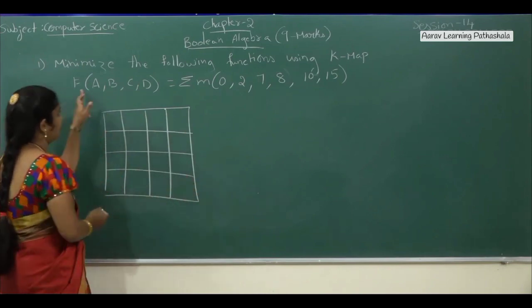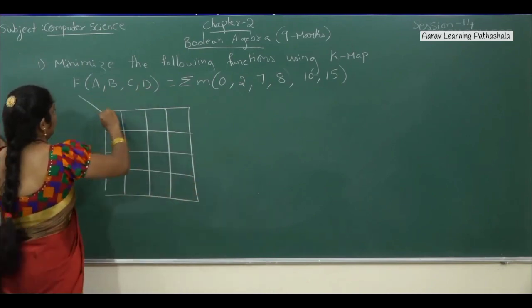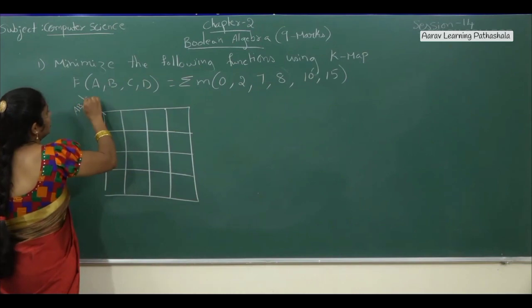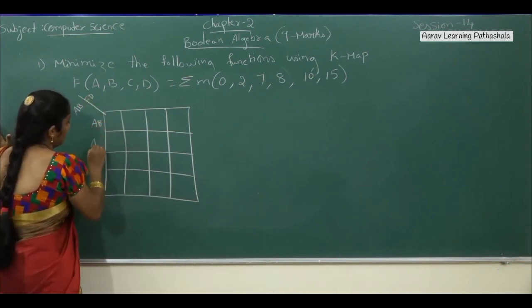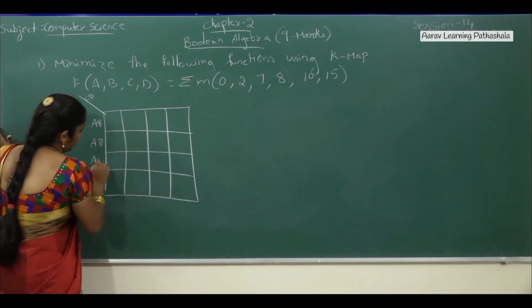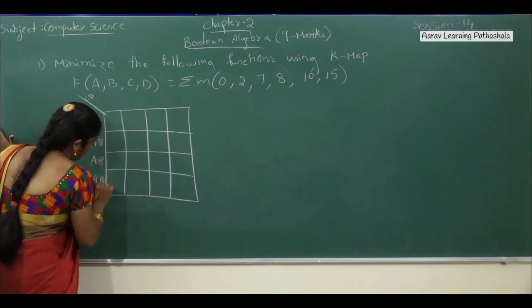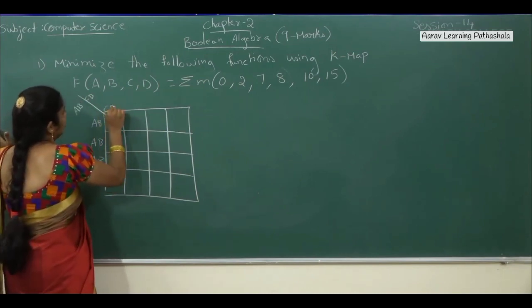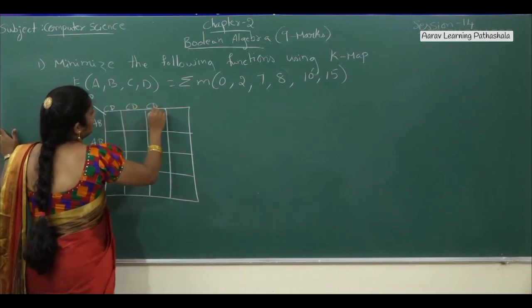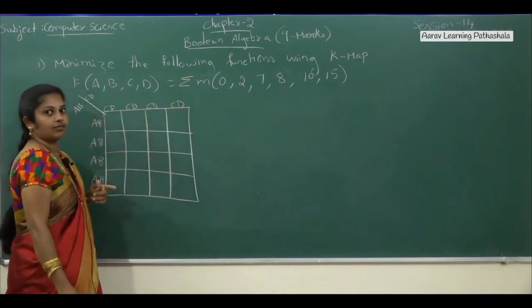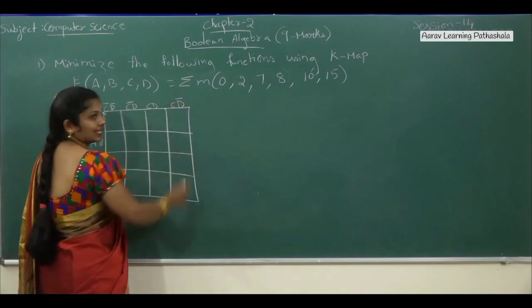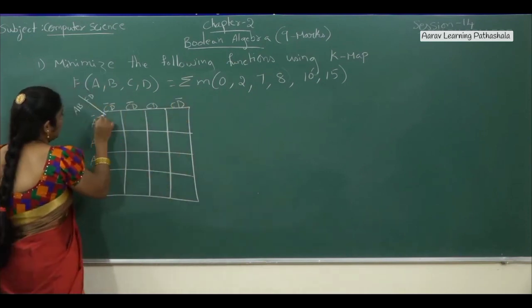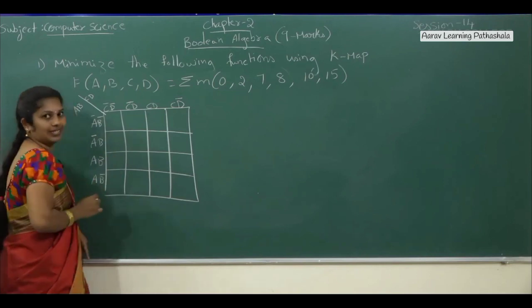Here the variables given are A, B, C, D. Write down A, B here and C, D on this part. A, B, A, B, A, B, A, B. Then here write down C, D, C, D, C, D, C, D. For the first three it will be bar, and for the last one it is not barred.